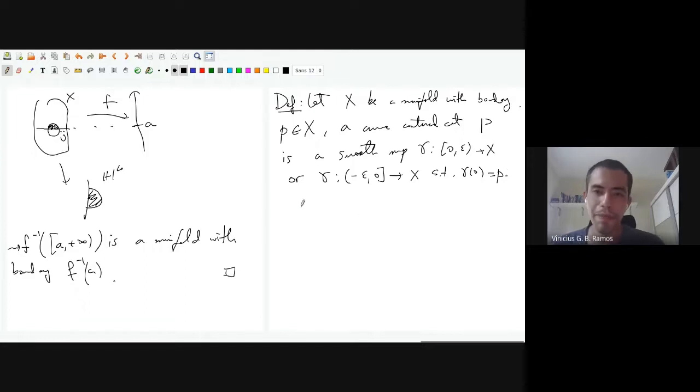Basically this is only really relevant if the point p is on the boundary of X. If I'm on the boundary of X, then I can have a curve that doesn't have a place to continue inside of X. If this is my X and this is the boundary, in this case, if the curve is like this, then it would be from minus epsilon to 0, or it could be a curve from 0 to epsilon.